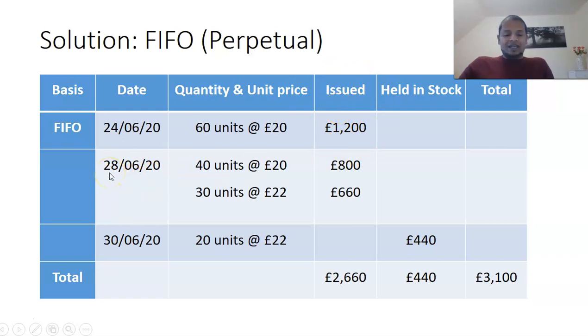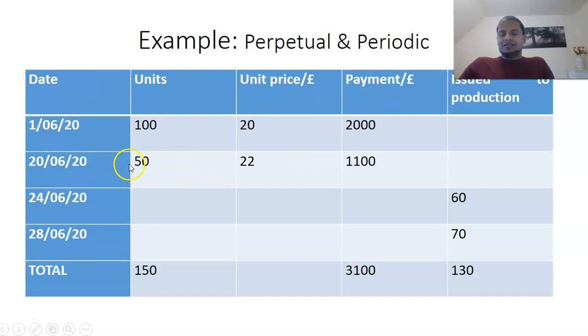On 28th, we issued 60 from here, still we have 40, and we purchased 50 on 20th. So these are the two lots we have. We are following first in, first out, okay? And on 28th, we are issuing 70. So 40 remains after issuing 60.